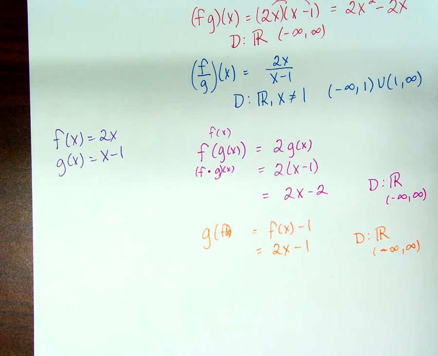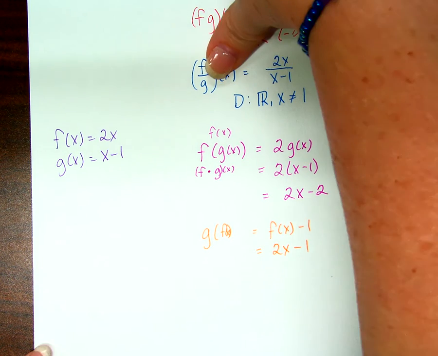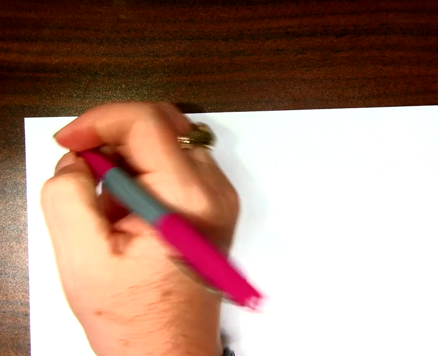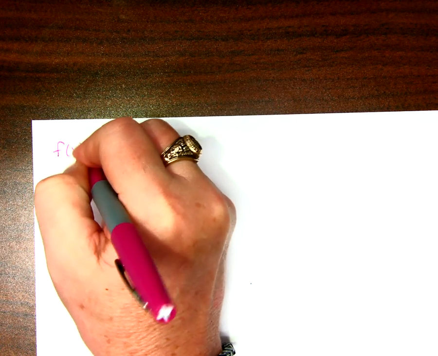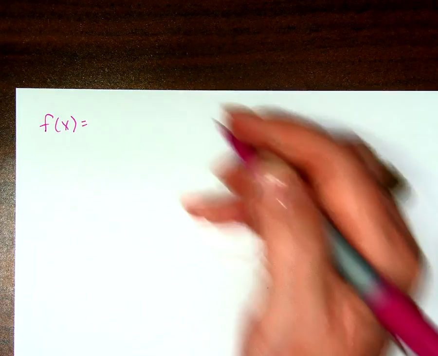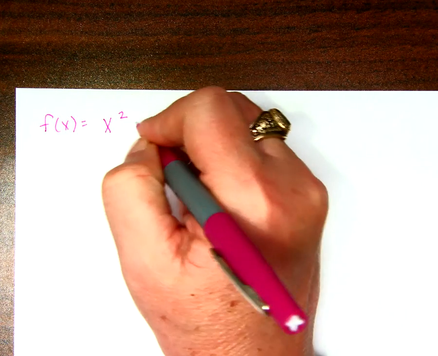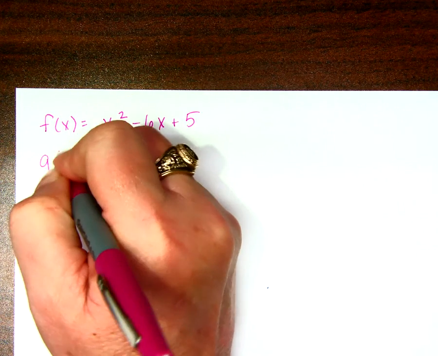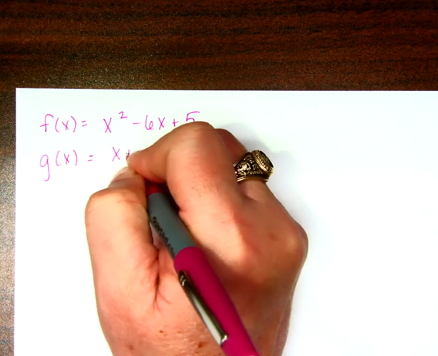So that was a pretty easy one, right? Let's do one that may not be quite as easy. Let's do f of x is x squared minus 6x plus 5, and g of x will be x plus 2.